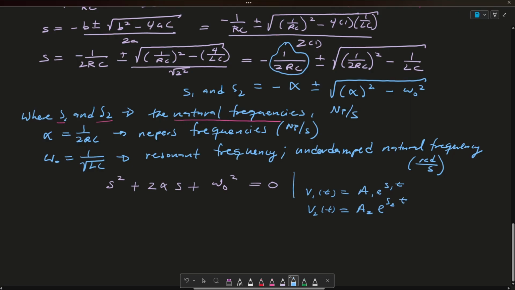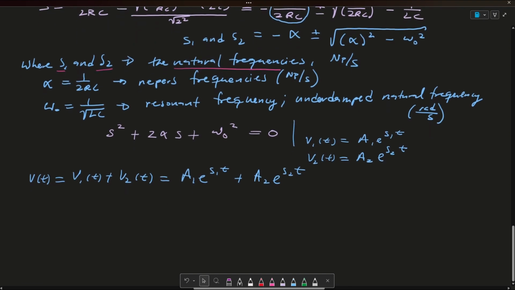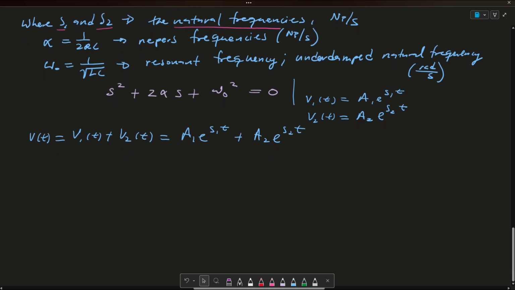Therefore, I can write a complete solution, or the natural response, of this source-free parallel RLC circuit, and say then that V of t is equated to V1 of t plus V2 of t, which is equated to A1 e to the S1t plus A2 e to the S2t, where, to be completely clear, let me go ahead and scroll down a little bit.